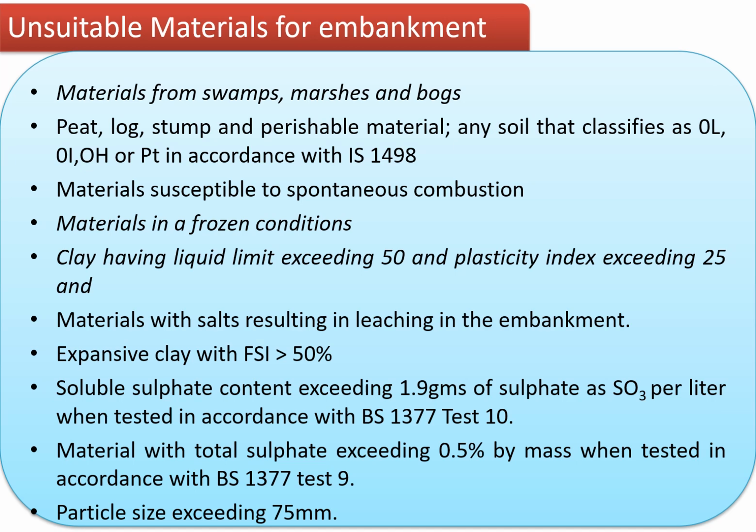Materials with salt resulting in leaching in the embankment, expansive clay where the FSI is normally more than 50%. Soluble sulfate content exceeding 1.9 grams of sulfate as SO3 per liter when tested in accordance with BS 1377 test 10. Other particle sizes exceeding 75 millimeters, which are not getting crushed by the application of a dozer, grader or roller.